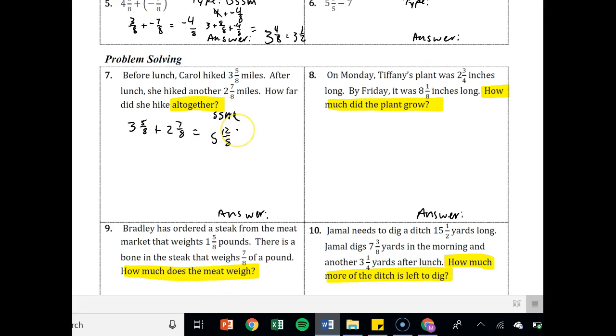Because 5 plus 7 is 12. Now obviously this is an improper fraction in itself. This is 1 because 8 goes into 12 one time with 4 left over, 1 4/8. So 5 plus 1 4/8 gives us our answer of 6 4/8, or simplified 6 1/2, right? And it's miles. Make sure to put the units, right?